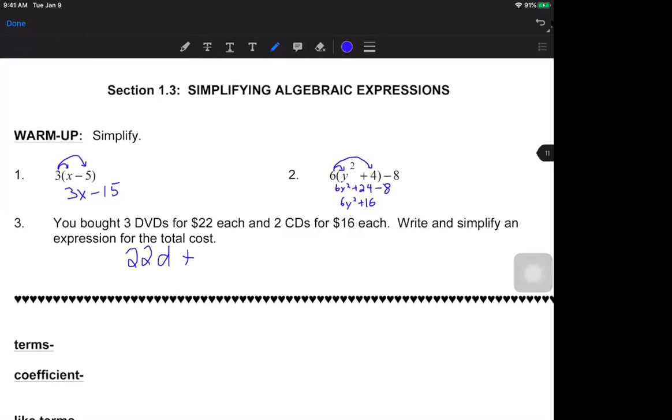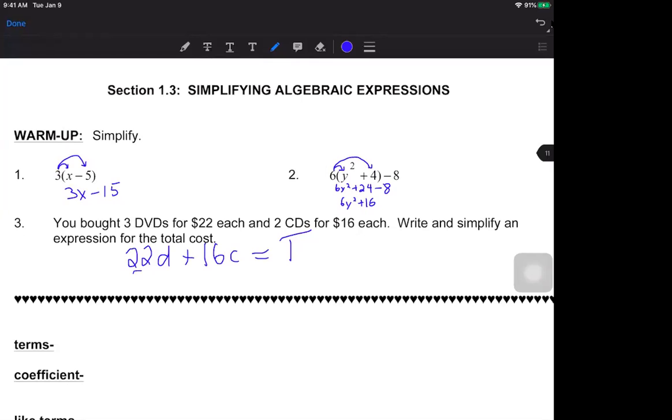Plus, now we have the CDs. CDs are $16 a piece, so we'll use C for CDs. And then if we put that together, that's going to add up to our total cost. You can write total here, I'll just use T.